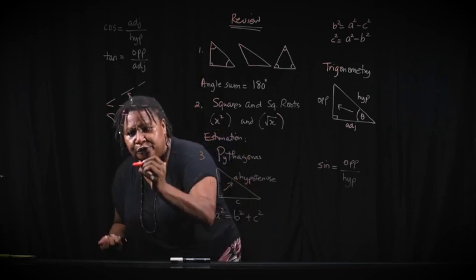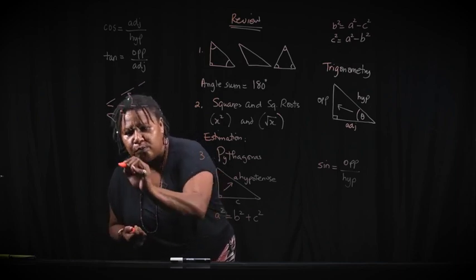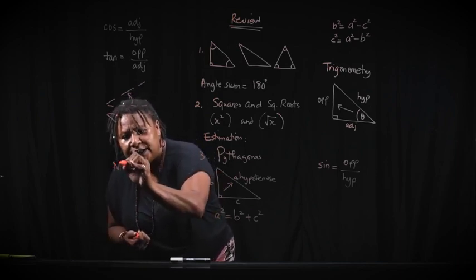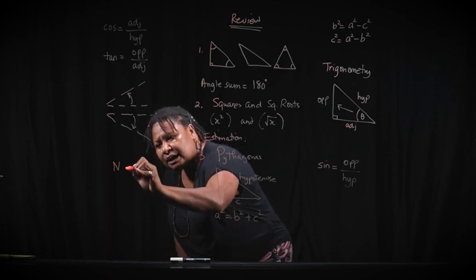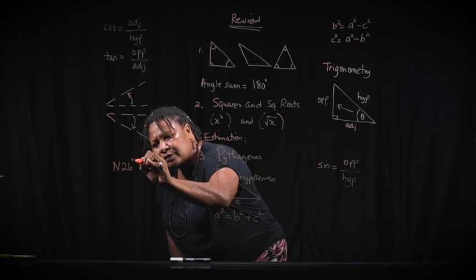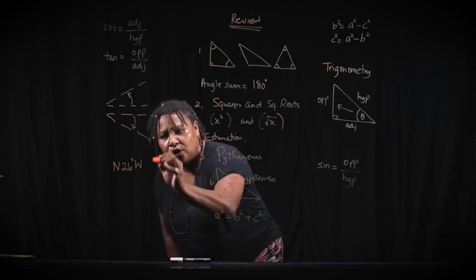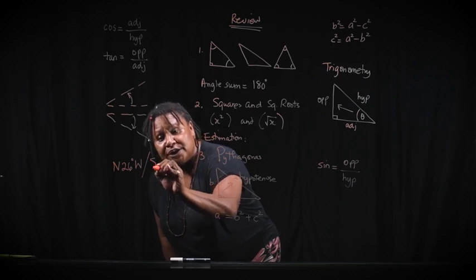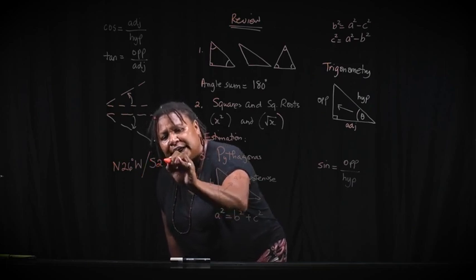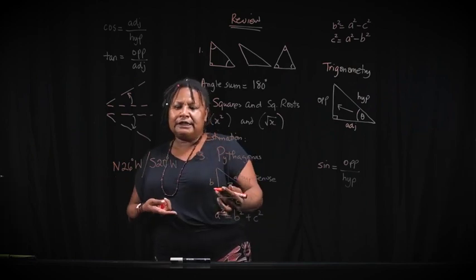A little reminder: a compass bearing uses north and south as focal points. So you will find that a compass bearing will always start with north, let's say north 26 degrees west, or it will start with south and end with either west or east.